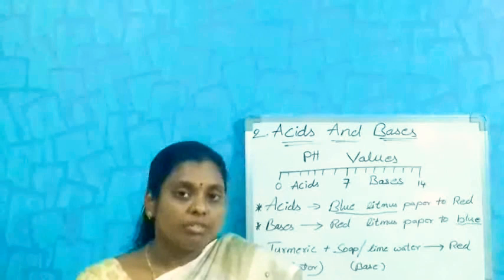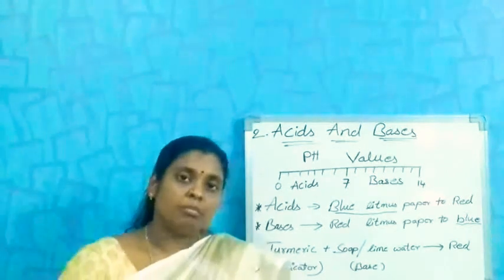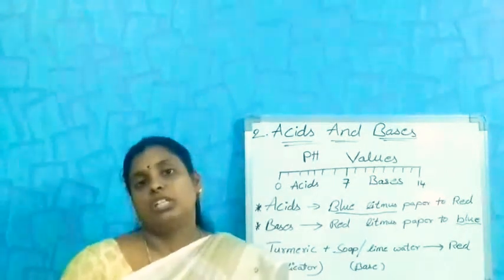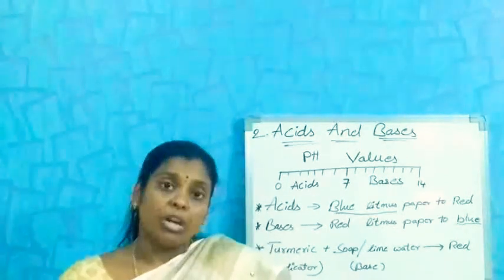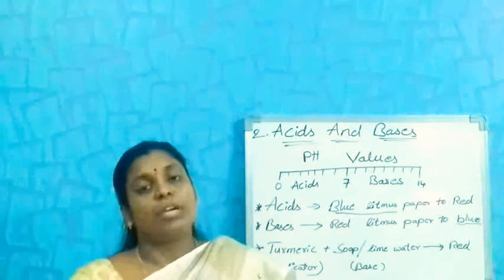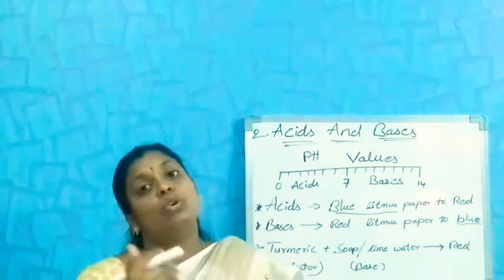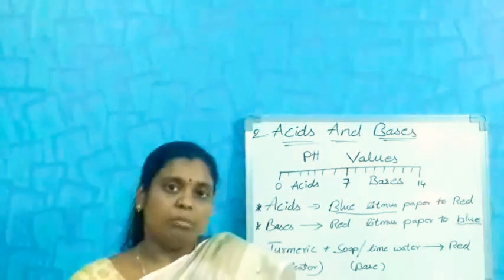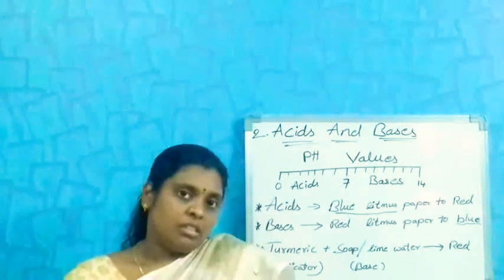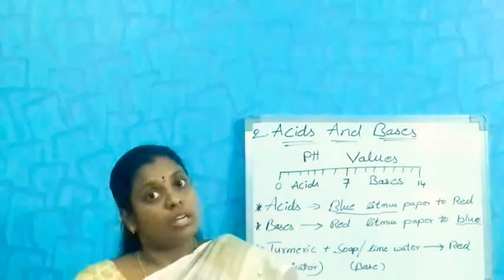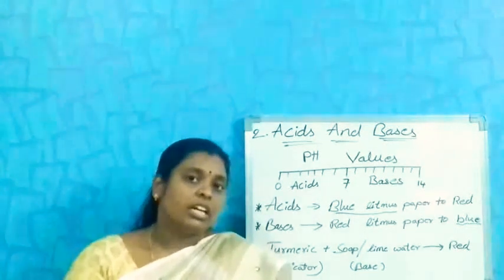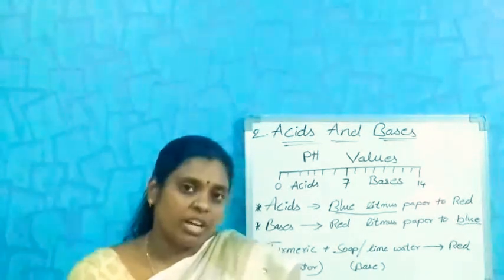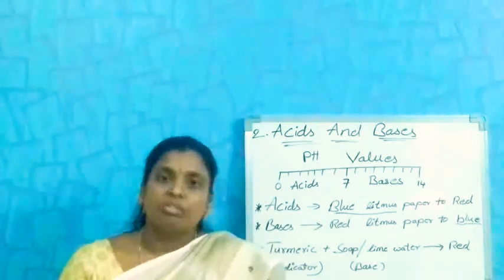Why? Because whatever food we are taking, in the previous class we have discussed, some may contain water, some may contain proteins, some may contain carbohydrates. Same as here, some may contain more acid content, whereas some may contain base. You can observe the difference, see, raw food is different compared to cooked food.